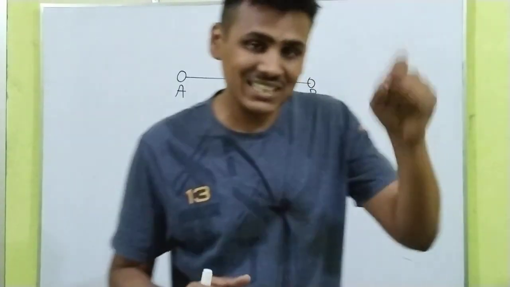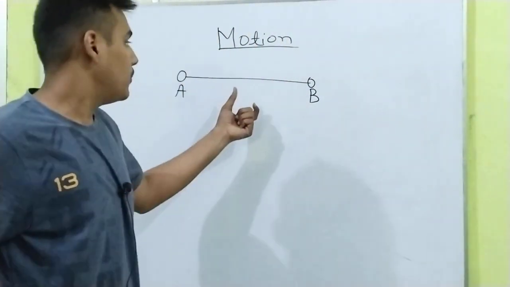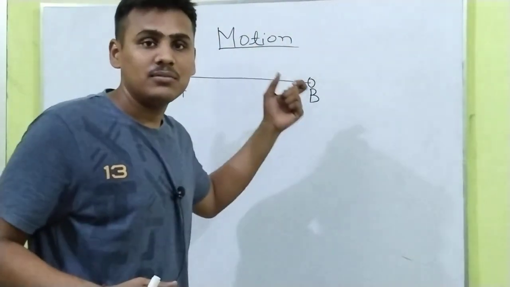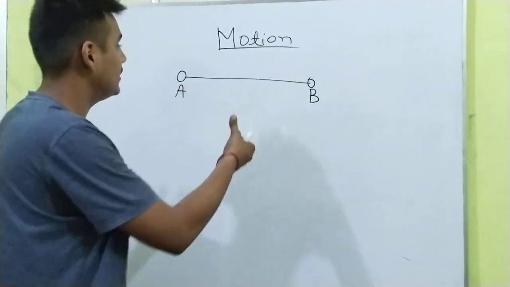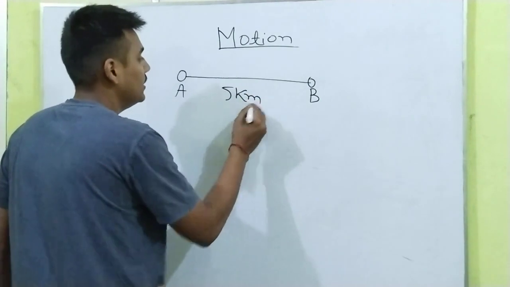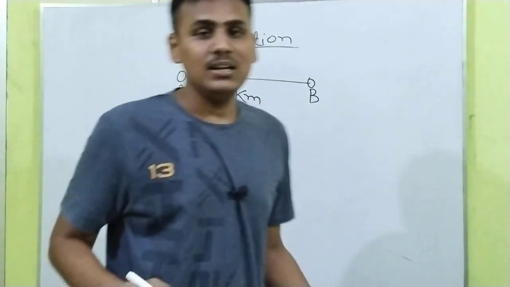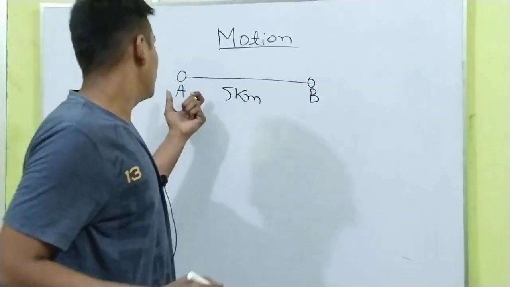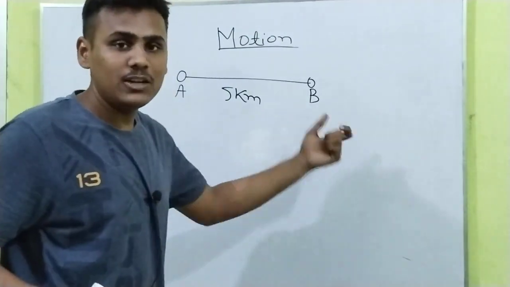You walk on the path, and the actual length of this path, suppose 5 kilometers, is the distance covered by you between point A and B.